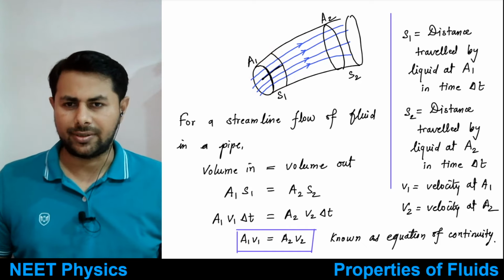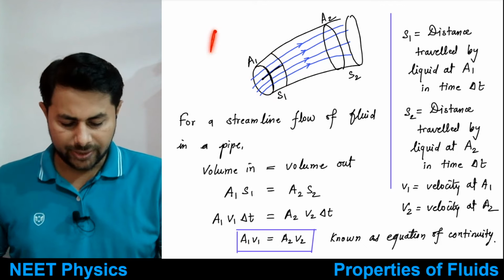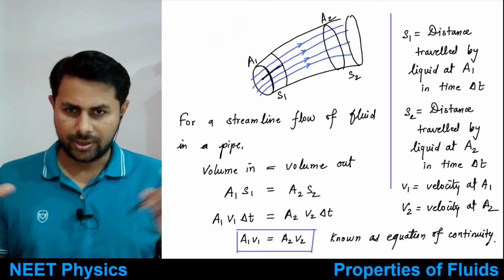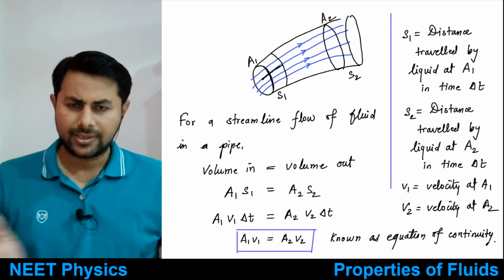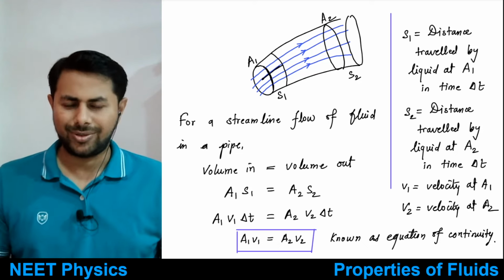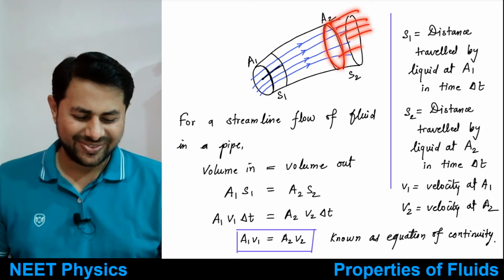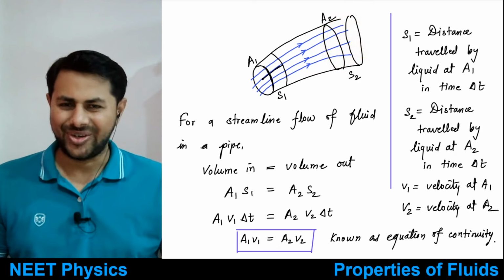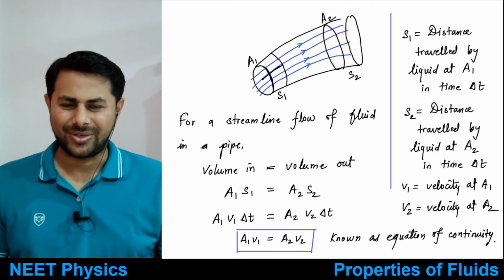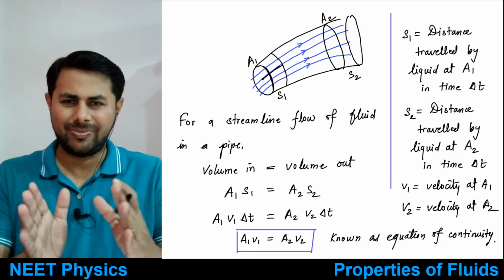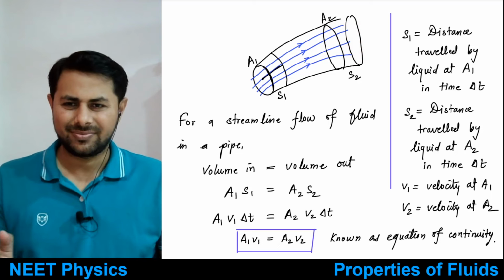So delta V is the volume that enters the pipe. In the same interval of time, the same volume must leave the pipe also. If this does not happen, then there will be some storage of fluid in the pipe.